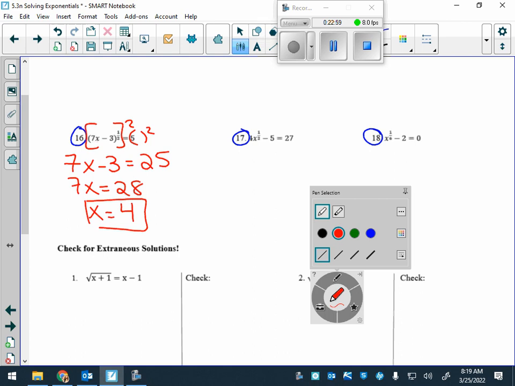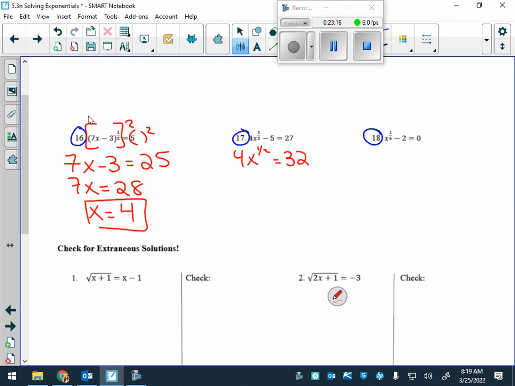Okay, 17 is correct. X equals 64. How many of you did get that one? Okay, what do we have to do first? Good. Okay, then what? So x to the 1/2 equals 8.